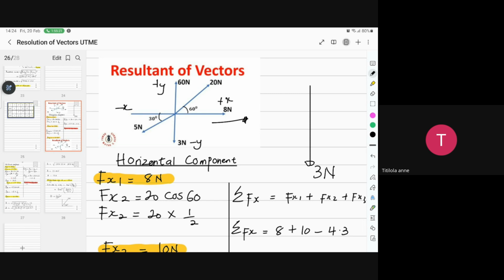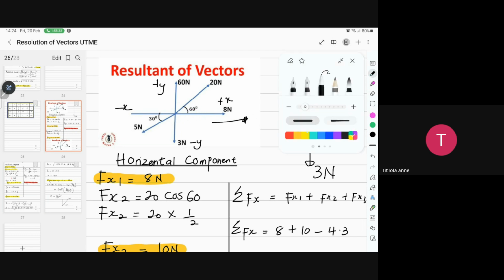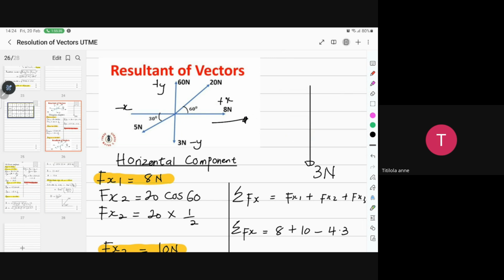If you have to resolve more than two vectors, remember that all of these angles tend to be given relative to the horizontal. Know that sometimes you can have something like this. Instead of them giving you this 60 here, they can give you the angle here to be 60 degrees.